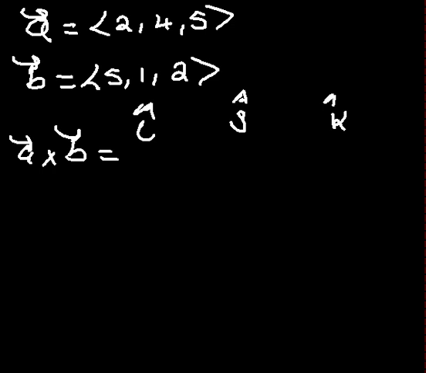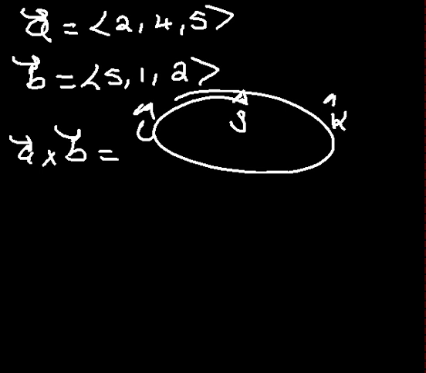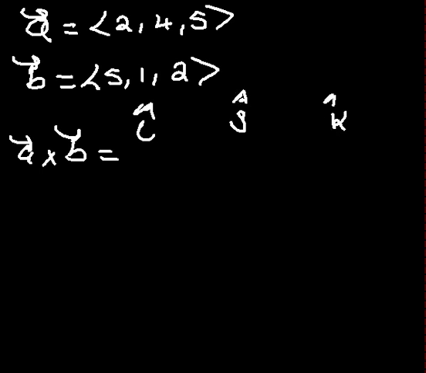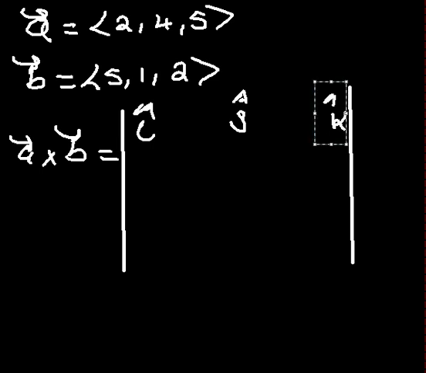So in a specific manner we present the components in 3 dimensions, i, j as well as k, representing x, y as well as z. What we are going for is the determinant, so we present it in this form.